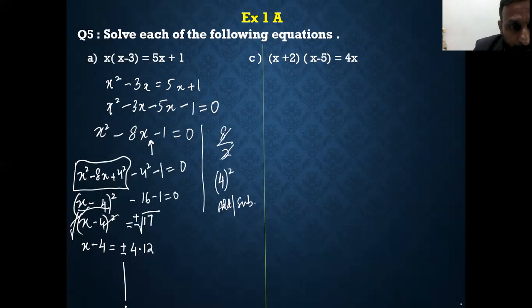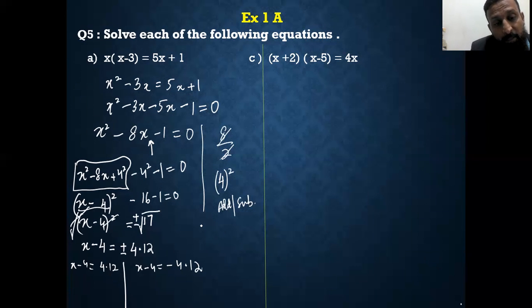After this, you want to make two brackets. In the first bracket, you're going to write positive 4.12, and in the next bracket you're going to write negative 4.12. So x minus 4 equals positive 4.12, and in this bracket x minus 4 equals negative 4.12. So boys and girls, you need to find out the value of x when negative 4 moves to the other side, it becomes positive 4.